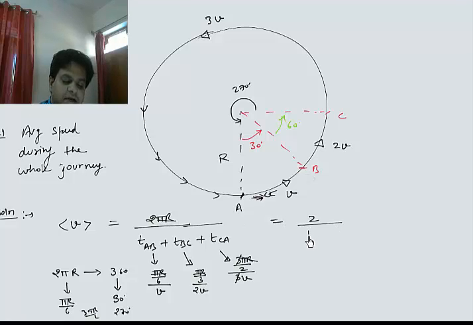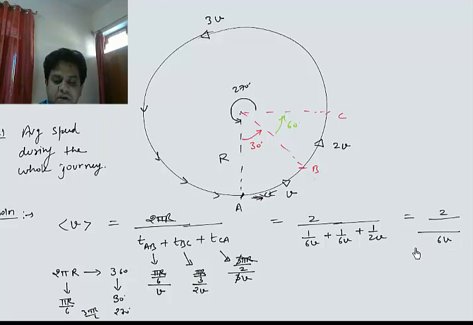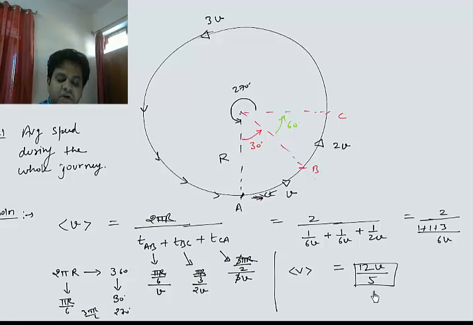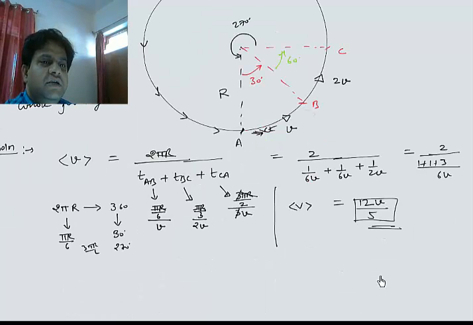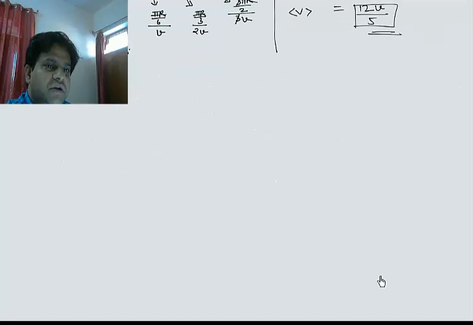What I'll get is 2 by 1 by 6v plus 1 by 6v plus 1 by 2v. And if I take LCM, what I'll get is 6v here, and 1 plus 1 plus 3. So overall I'll be getting average speed of the journey to be 12v by 5. This is the average speed of the insect for the whole journey from point A back to the point A again.